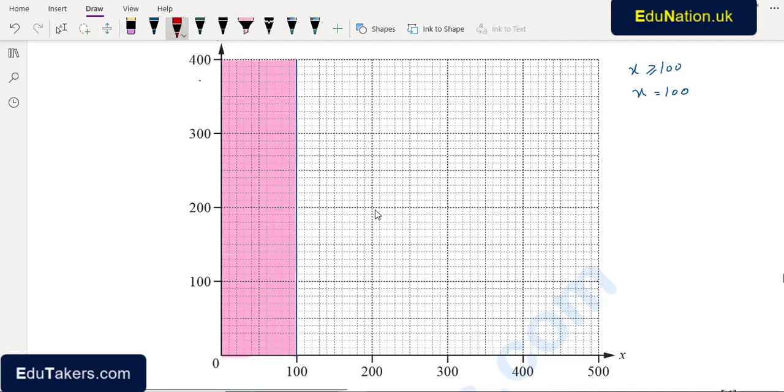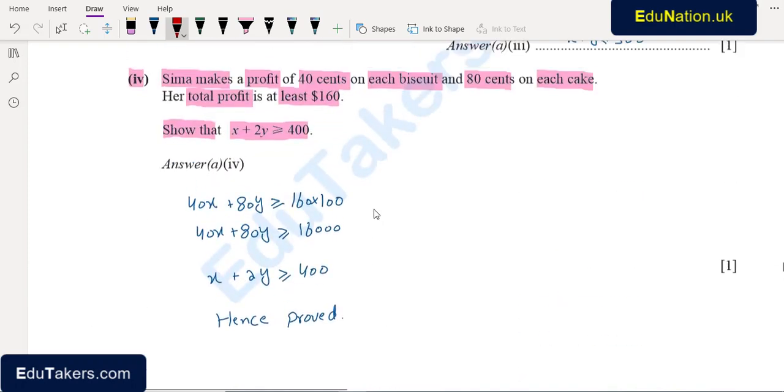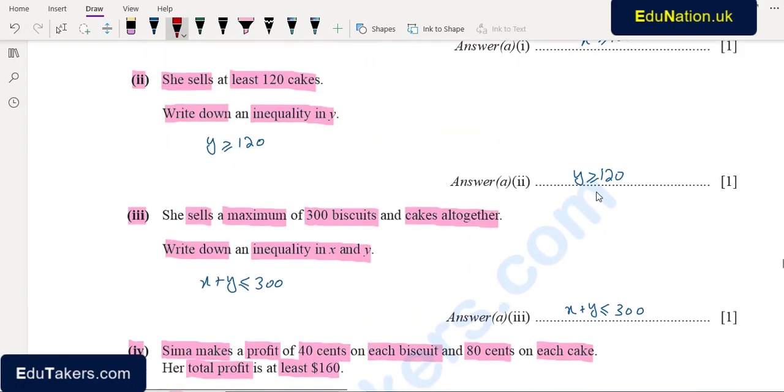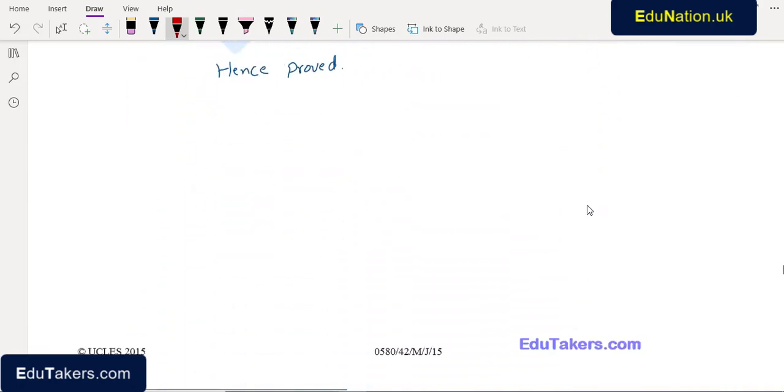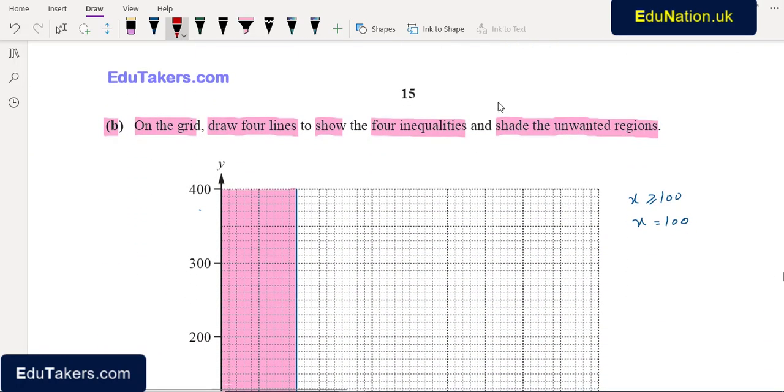The next inequality is y is greater than or equal to 120. Equation for this is y equals 120.